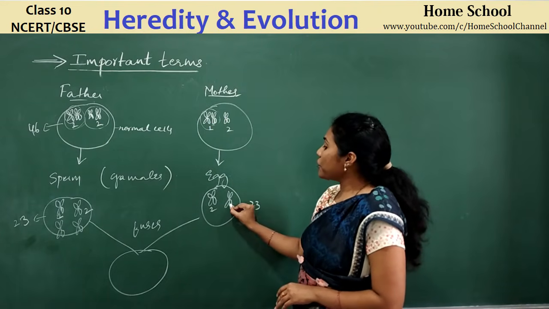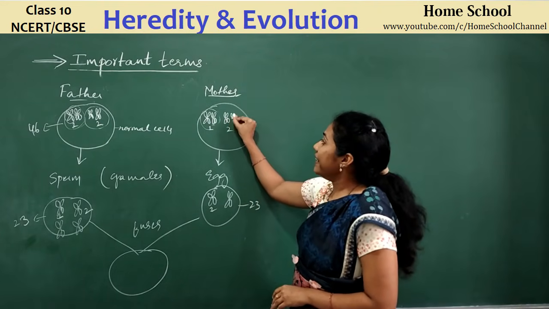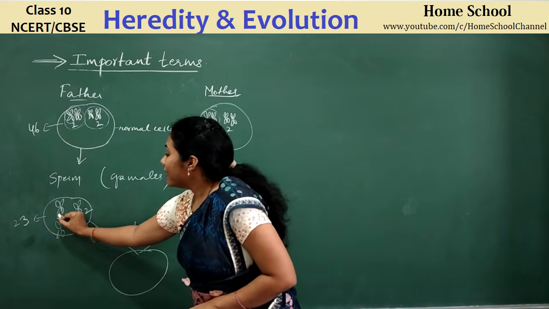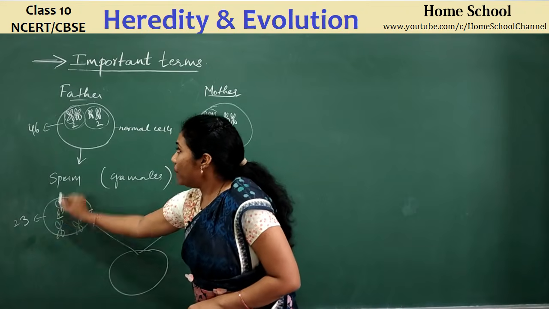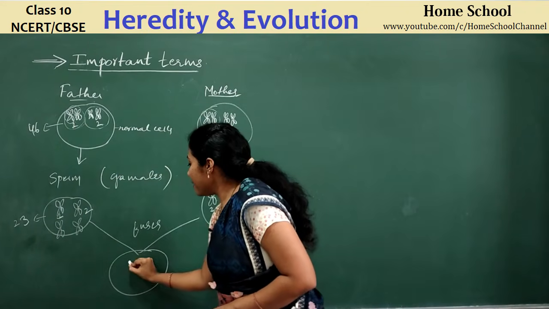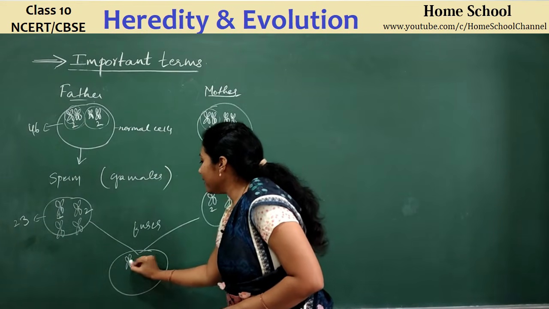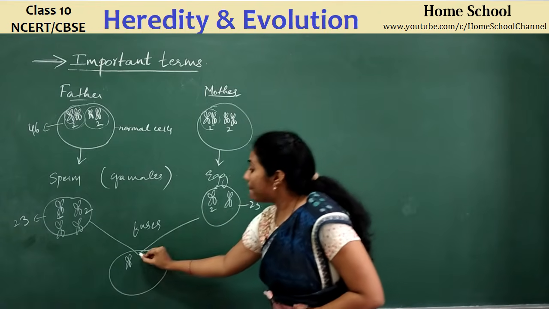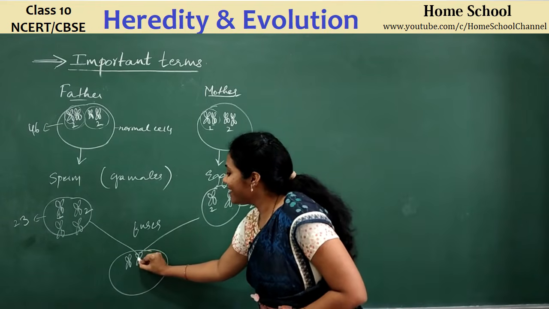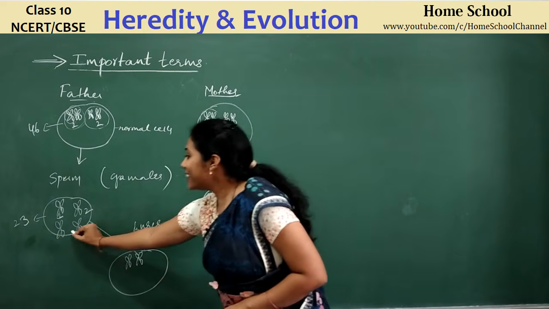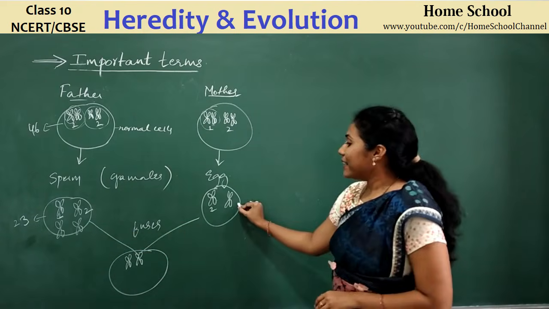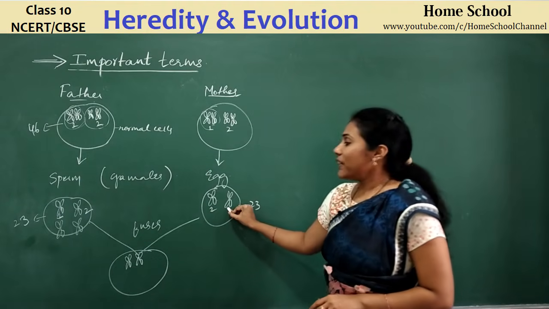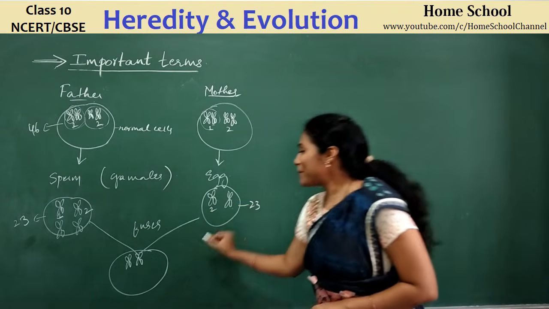This is from the second set of mother. The chromosome from the father's first set will combine with the chromosome from the mother's first set. Like that, here 23 chromosomes are there, here 23 chromosomes are there. These 23 will combine with these 23.